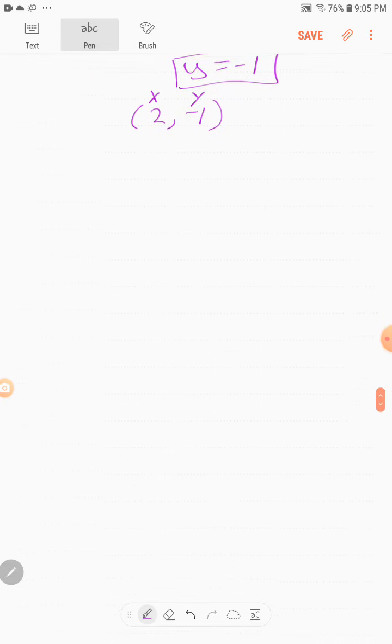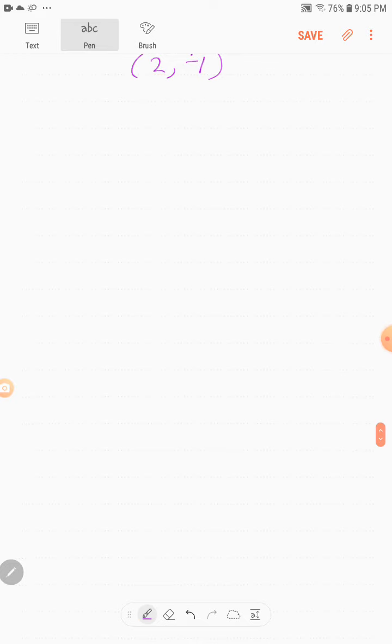Okay, let's look at another example. So for example, suppose we had minus 3x minus 7y equal to 4 and 4x minus 5y equal to minus 34.